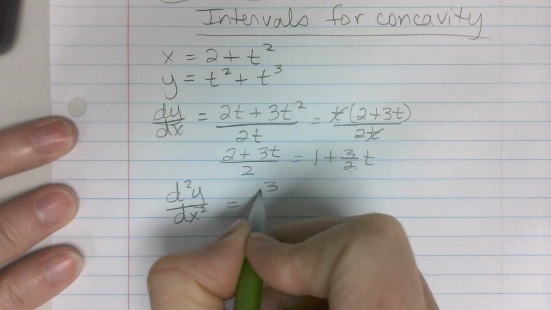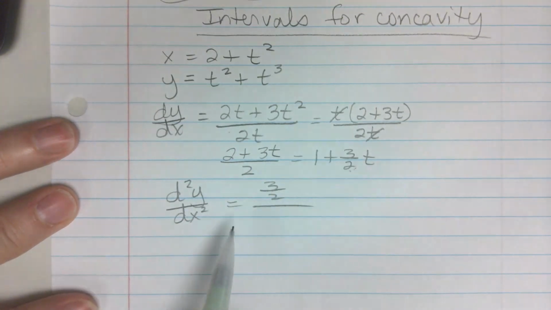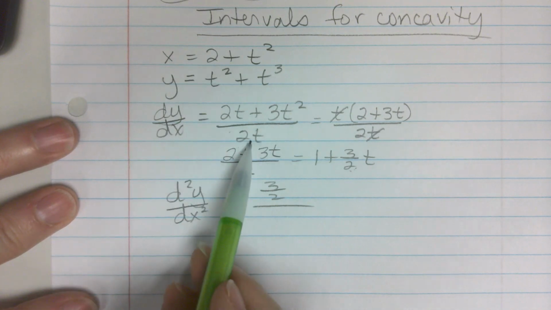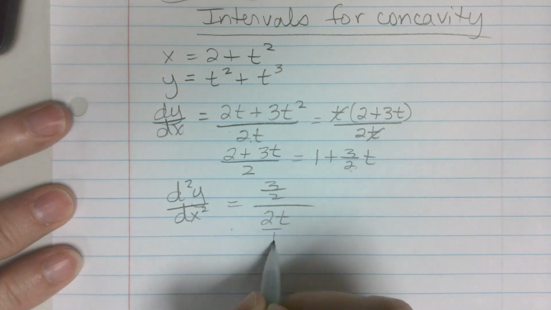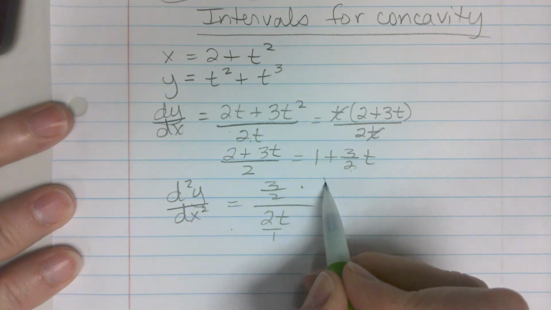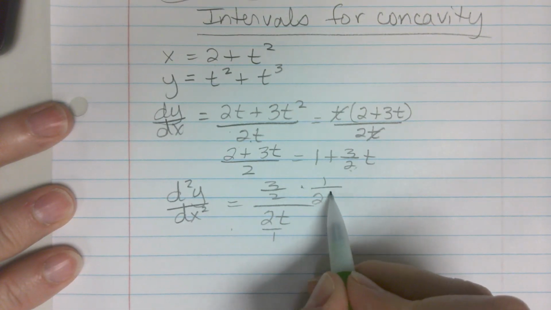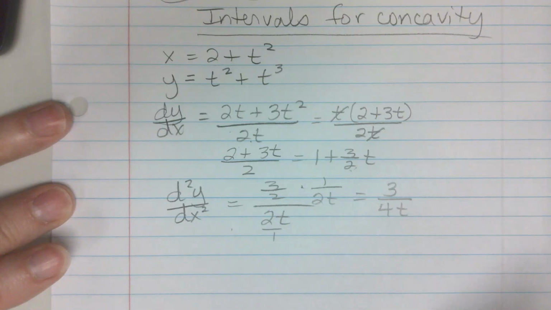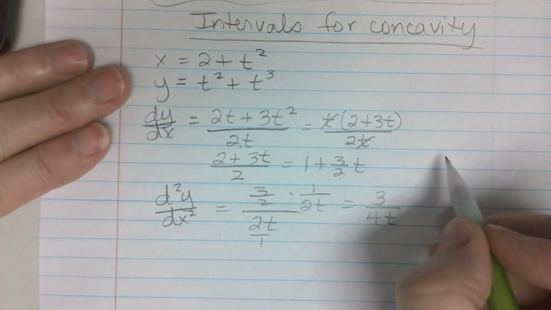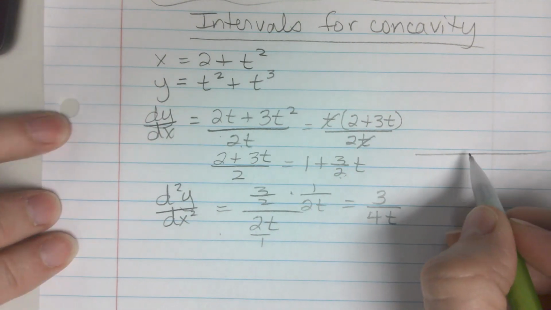3/2. Yeah. Over another dx/dt, which was 2t. Over 1, flip and multiply, 3 over 4t. And that's not going to be terrible on the concavity end, is it?